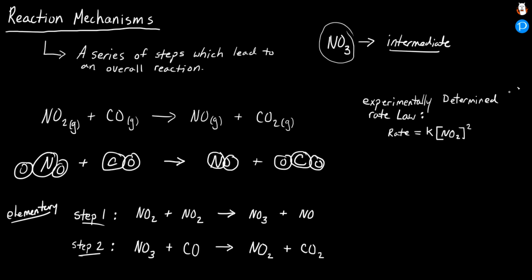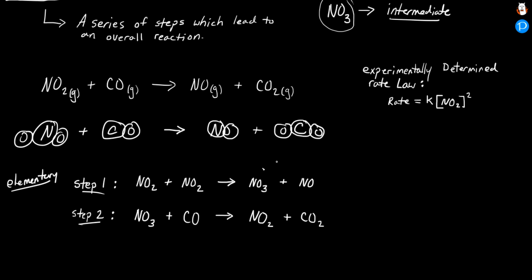And if I were to add these two together, whenever we add reactions, what we're going to do is cancel out anything that is the same on the left-hand side as it is on the right-hand side. So for example, I see that I have NO3.